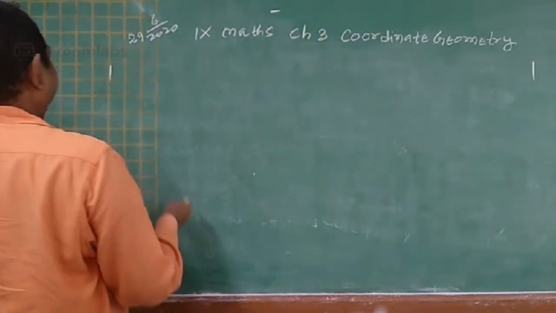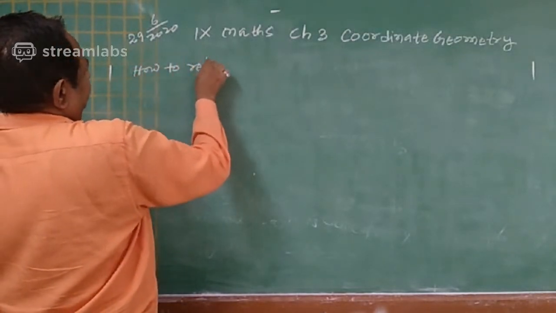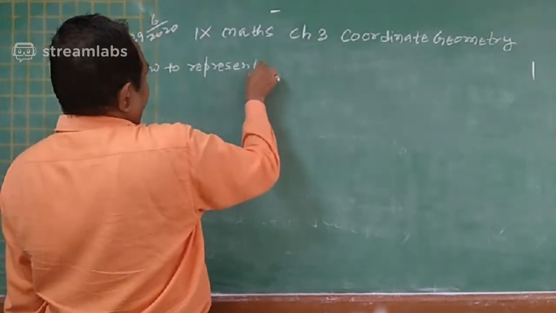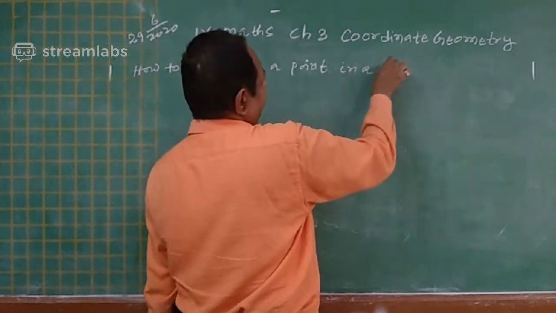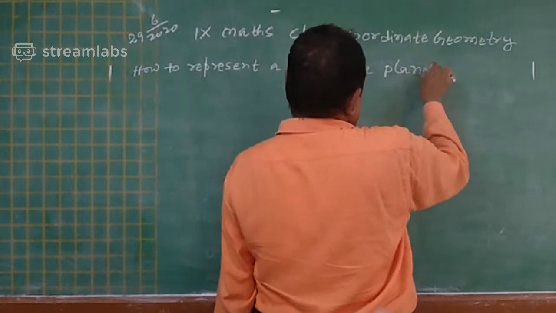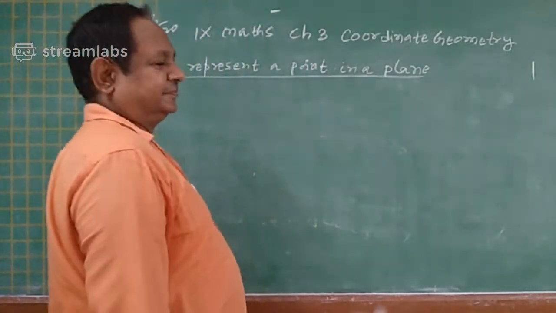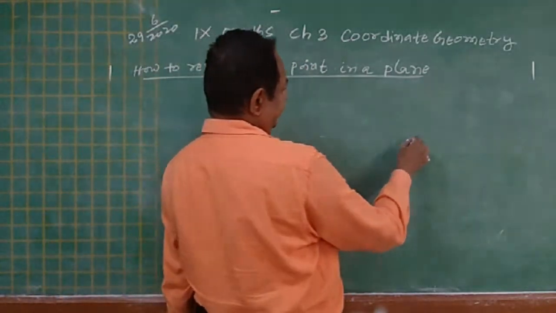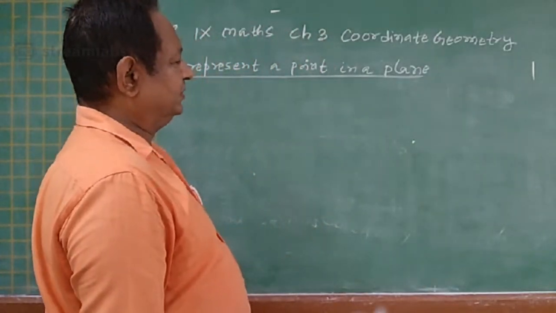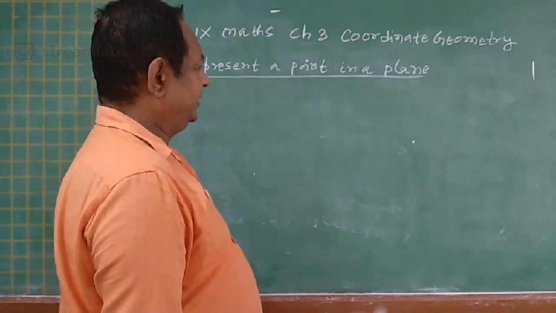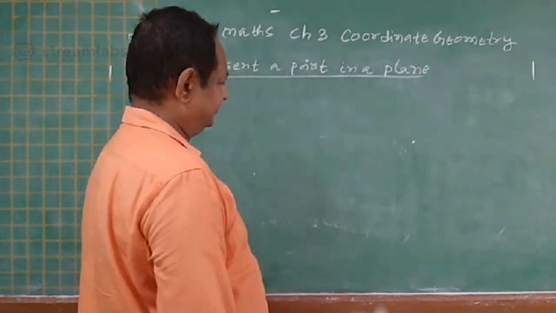How to represent a point in a plane? Suppose P is a point in the plane of the blackboard. We require two parameters to find the position of this point.